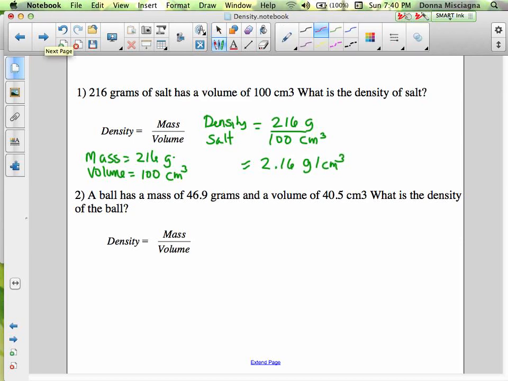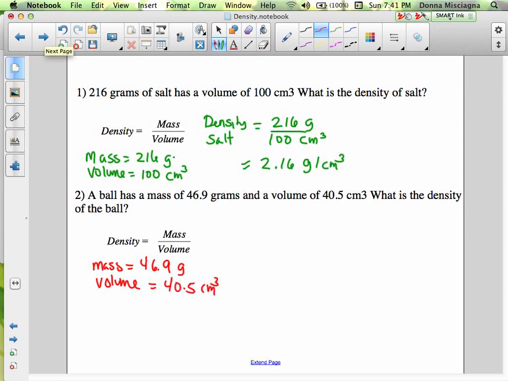Always make sure you have the units of measure. It'll be your mass unit of measure divided by, or per, your volume unit of measure, although feel free to change milliliters to cubic centimeters if we're talking about a solid. A ball has a mass of 46.9 grams, and a volume of 40.5 centimeters cubed.